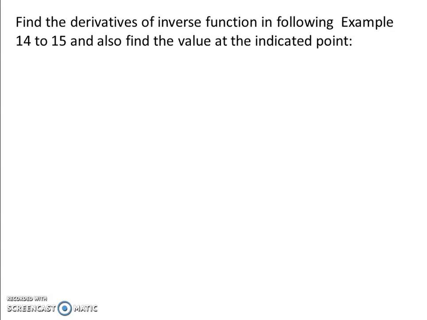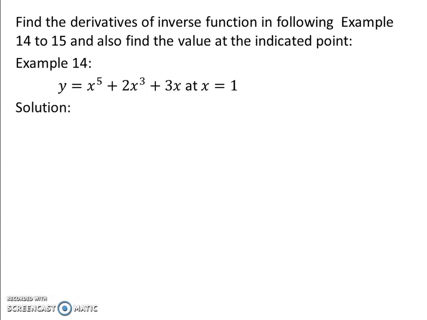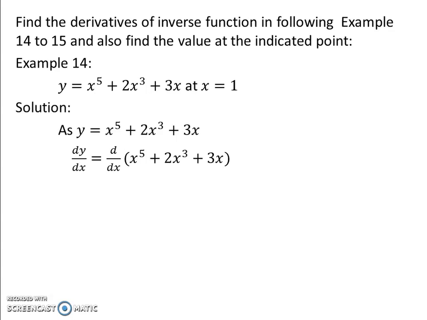Find the derivative of inverse function in the following examples 14 and 15, and also find the value at the indicated point. We have to do the same, find dx by dy at some particular point. y equal to x raised to 5 plus 2x cube plus 3x at x equal to 1. We will differentiate using the addition rule, dy by dx will be 5x raised to 4 plus 6x square plus 3.